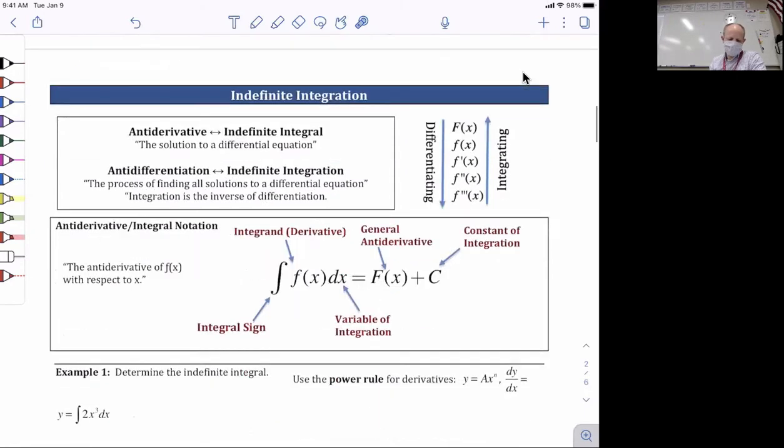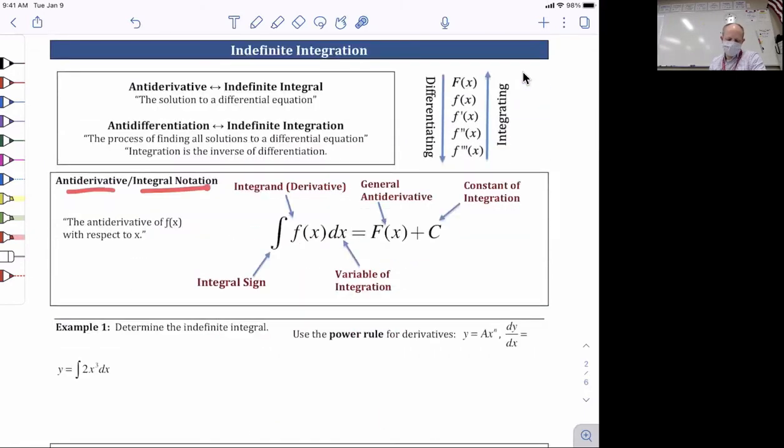So the next box just talks about antiderivative or integral notation. And we say this is the antiderivative of f at x with respect to x. And that's how you read this right here, the antiderivative of f at x with respect to x. So we have our integral sign here.